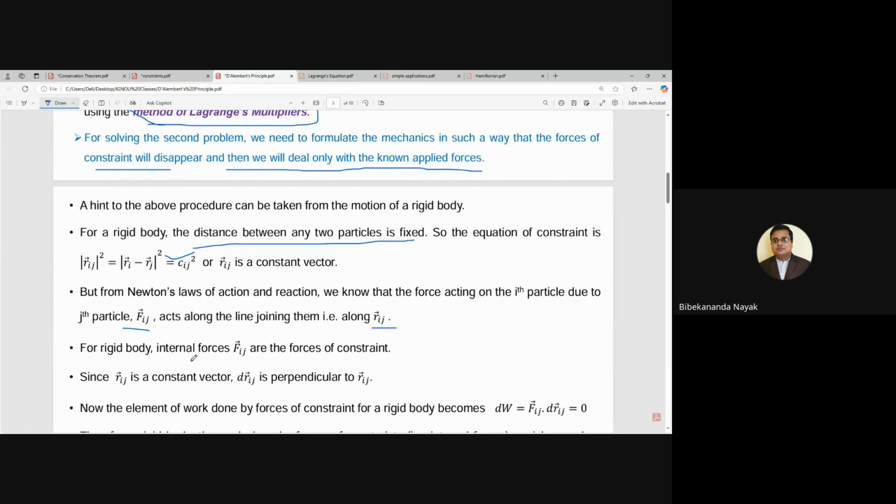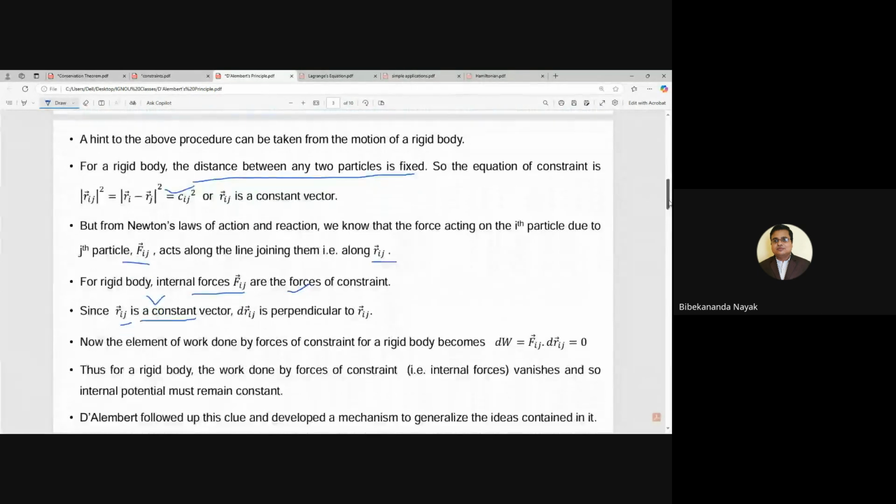So here internal forces Fij are the forces of constraint and Rij, the distance between 2 points, is fixed. So what is dRij? For a rigid body, since the distance between 2 points is fixed, dRij is perpendicular to Rij, and Fij dot dRij vanishes. So force into displacement vanishes. Work done is 0.